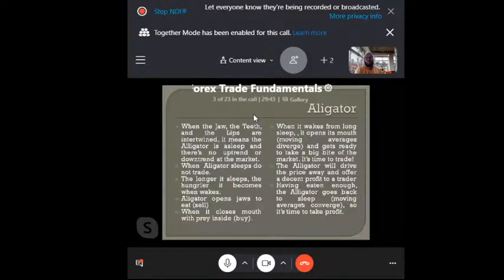Okay, when the jaw, the teeth, and the lips are intertwined, that means they just join together. If they are intertwined, it means the alligator is sleeping. And when the alligator is sleeping, you too can sleep. Nothing is happening in the market.